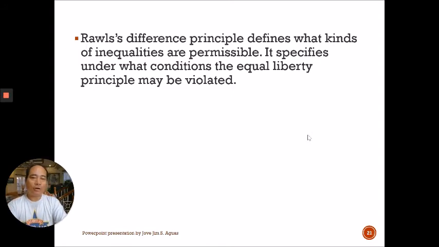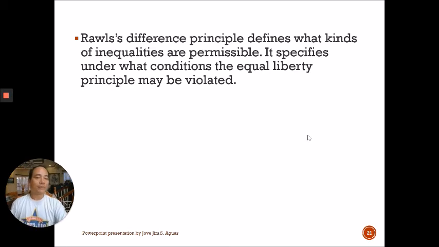Rawls' difference principle defines what kinds of inequalities are permissible. So you cannot allow all kinds of inequalities, but only certain kinds of inequalities. And it specifies under what conditions the equal liberty principle may be violated.